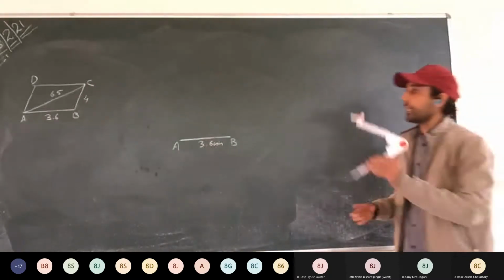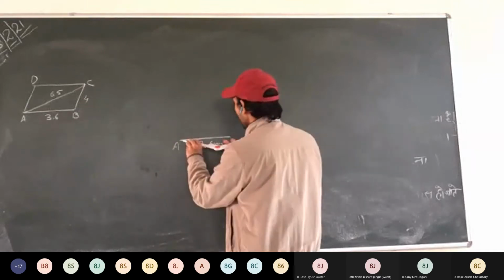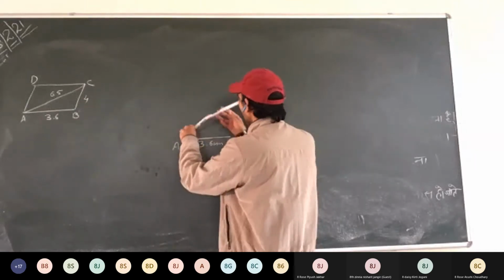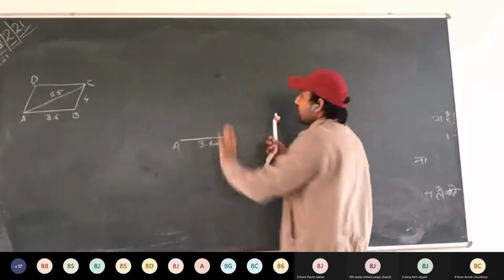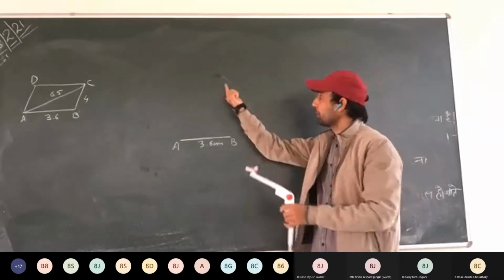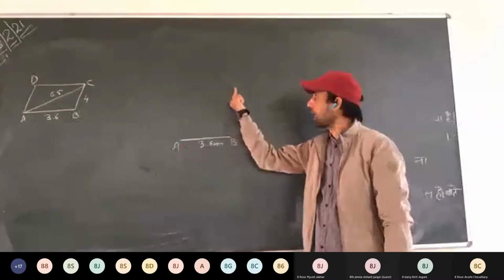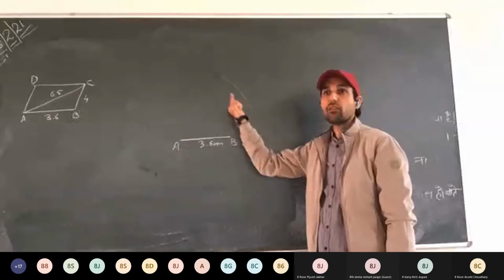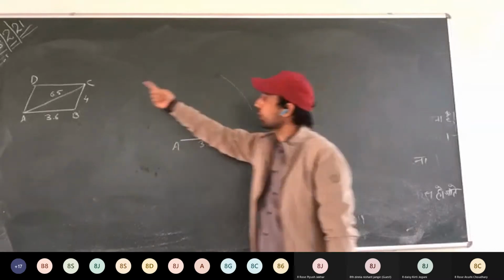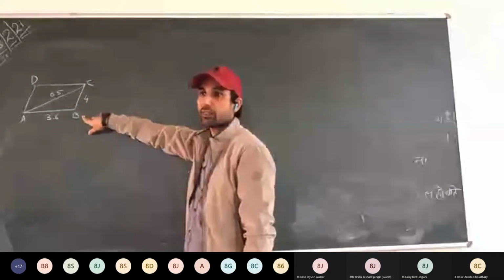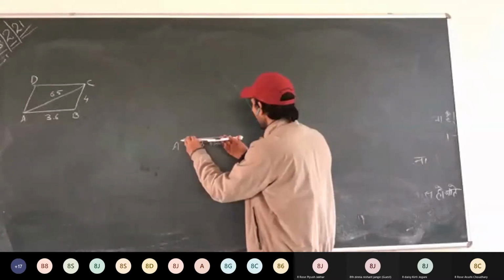So take radius of 6.5 and from A, make an arc. Every point on this arc is 6.5 centimeters away from A. So C will be lying somewhere on this arc. And how to get the C point? Because C has to be how far from B? One condition is given, 4 centimeters. So we draw an arc of 4 centimeters.